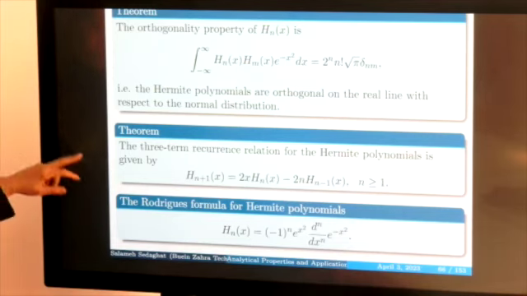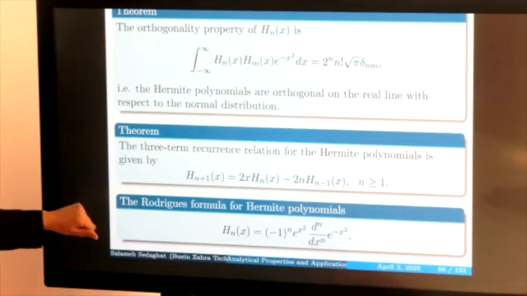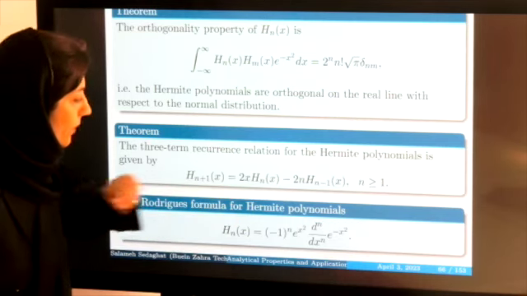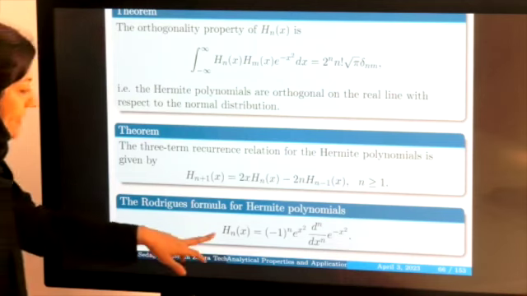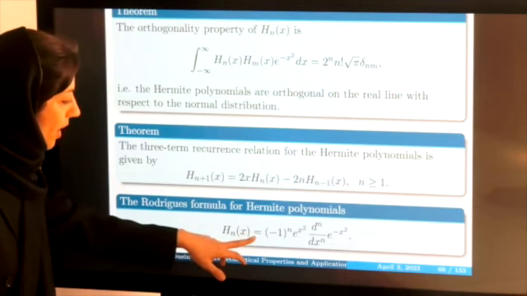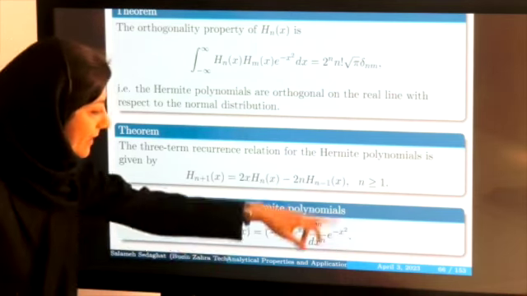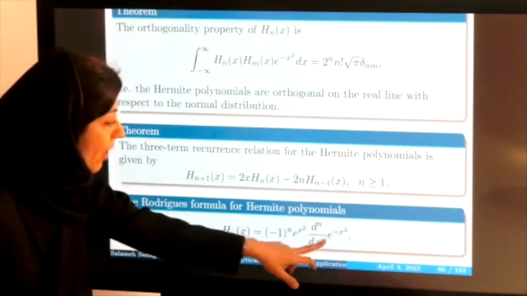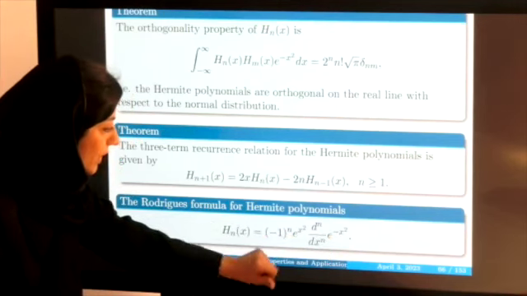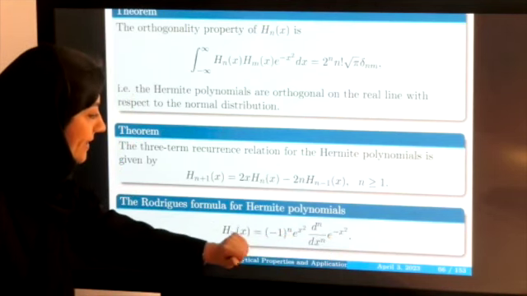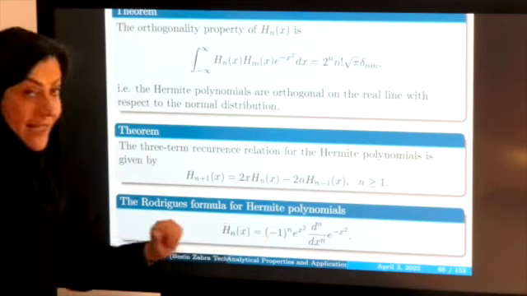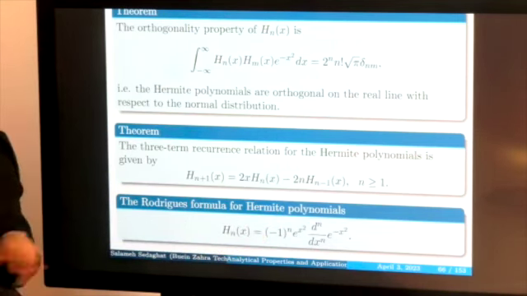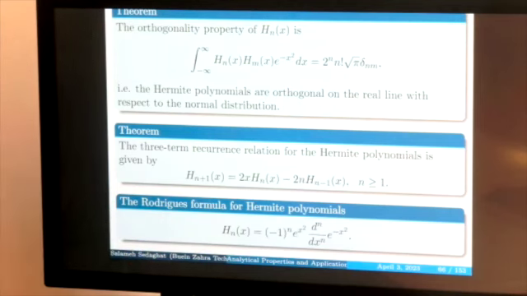And here we have another important formula, the Rodrigues formula for Hermite polynomials: Hn(x) equals (minus 1)^n e^{x²} times the nth derivative of e^{minus x²}. In this section, I want to show it to you.